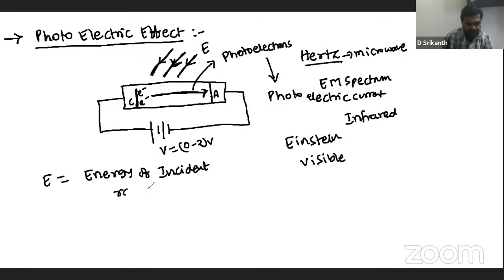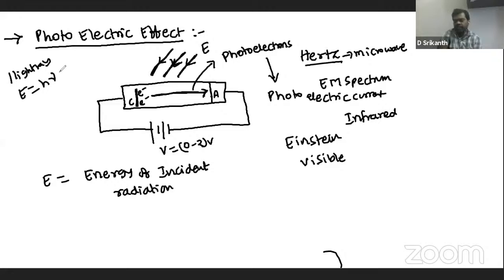If the incident radiation has only one light ray, according to Planck's quantum theory, the light ray travels in the form of a photon. So for one light ray, I can write the energy as h nu, where nu is the frequency of the incident radiation, that is nothing but hc by lambda.